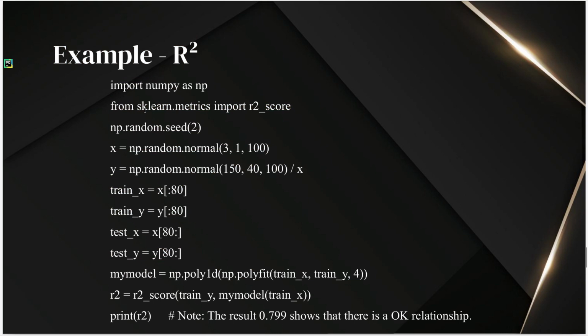So r2_score from the sklearn.metrics package, we feed it 2 parameters, train y and my model train x. So basically you feed it the y and what your model returns after feeding it the train x, and then you print the result.